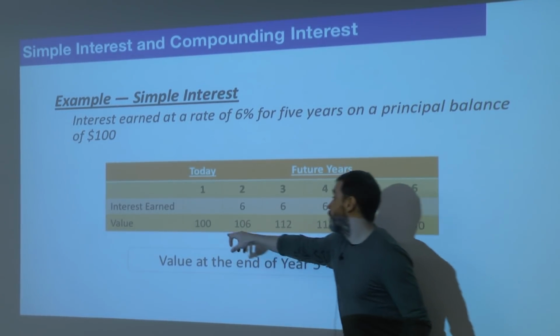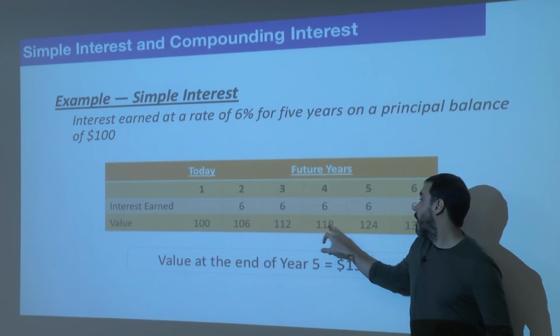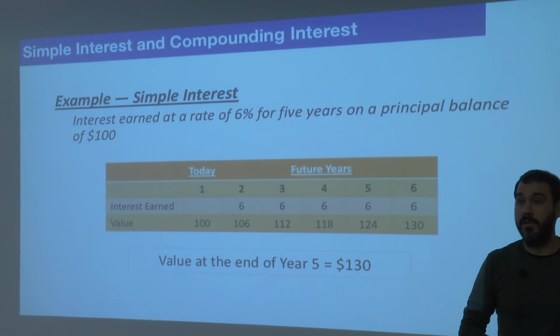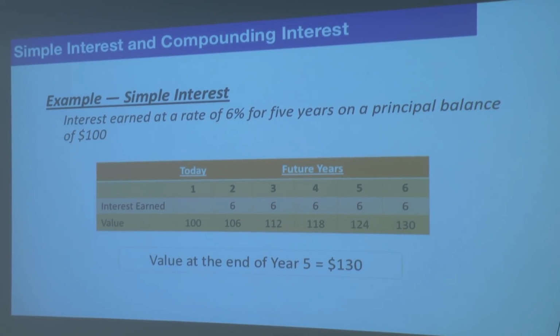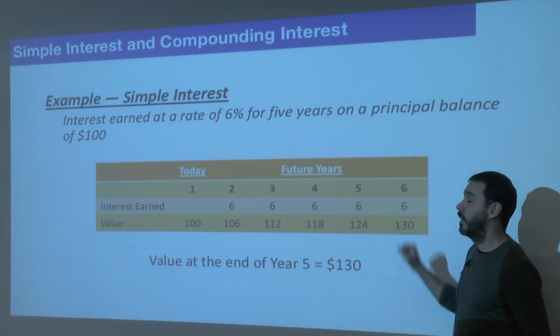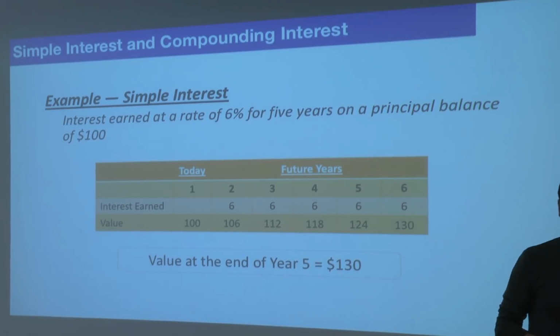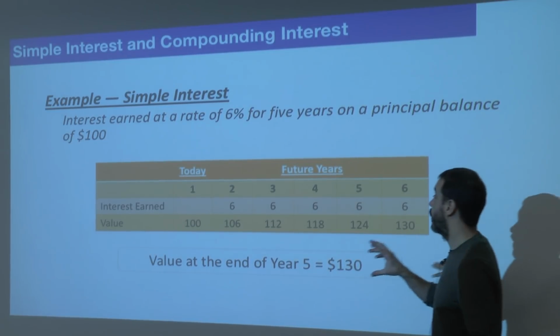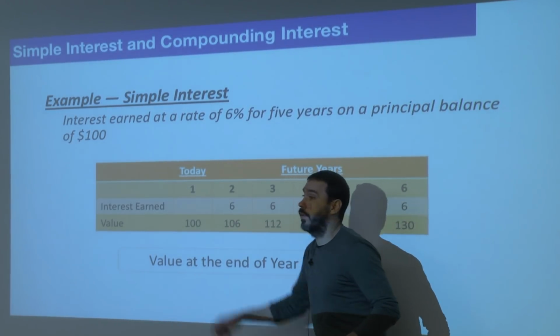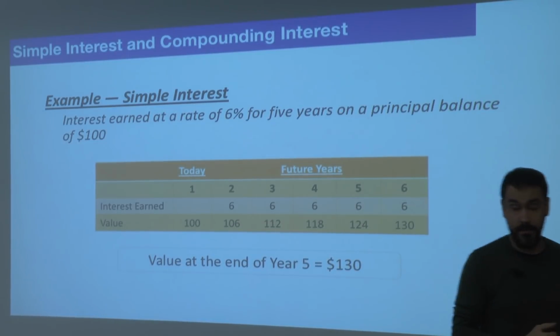So year after year, your account grows by $6. You can keep your money there for 1,000 years, and every year it will grow only by $6. There is no compounding, no interest earned on interest. The only interest-producing amount is your original $100.